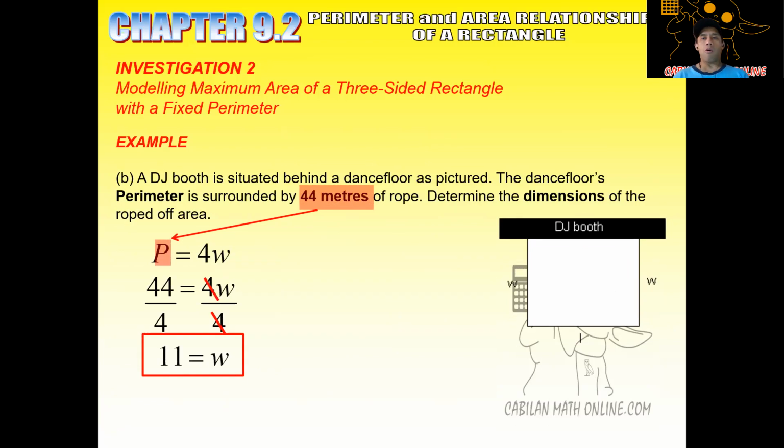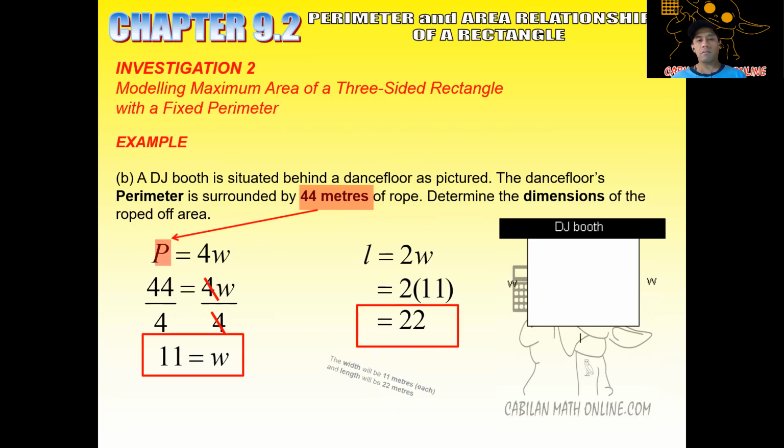Now remember that for three-sided figures, the length is always twice the width. So for the last step, to figure out the length, all we need to do is take the width and multiply it by 2. So for a three-sided figure that has a perimeter of 44 meters, that's going to give us a width of 11 and a length of 22 meters.